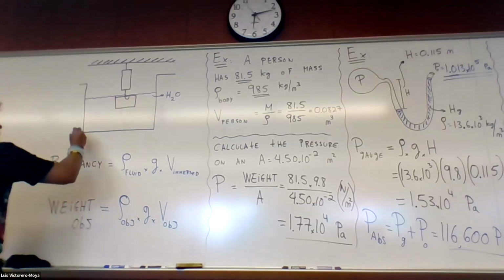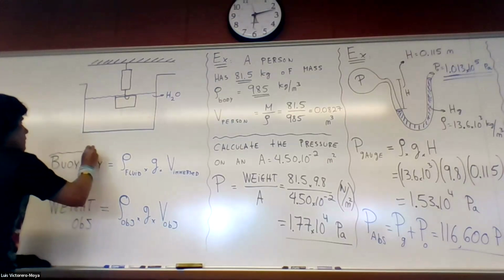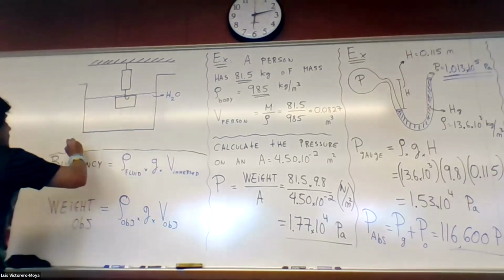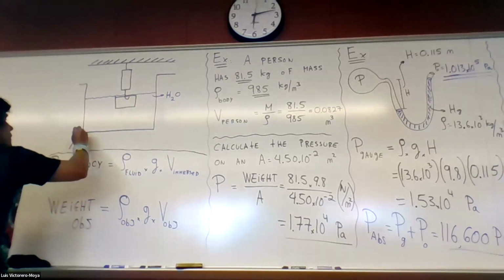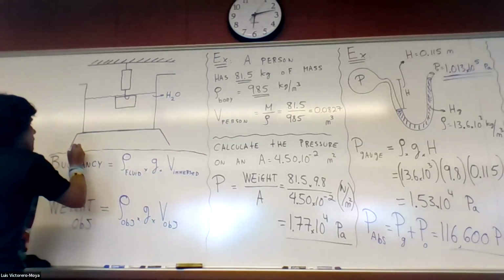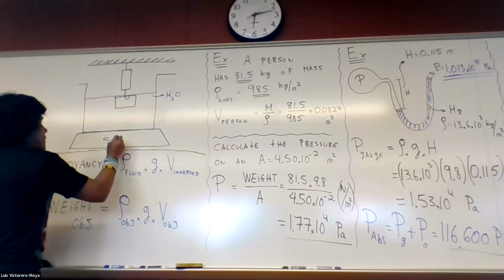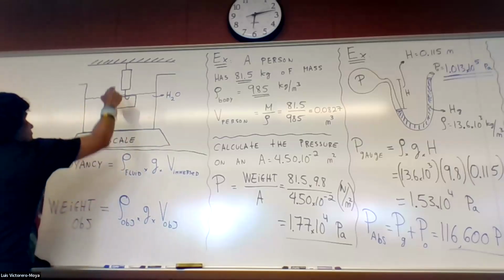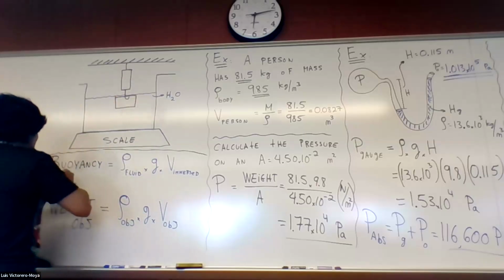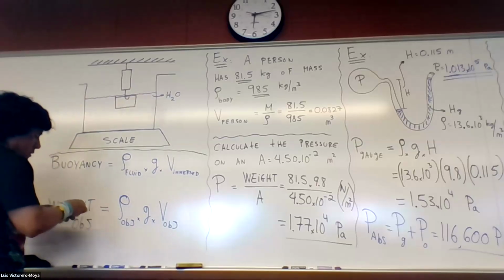And at the bottom, there is another scale. So here I place another scale, and this is a spring scale as well, like the hook that you use in the lab.